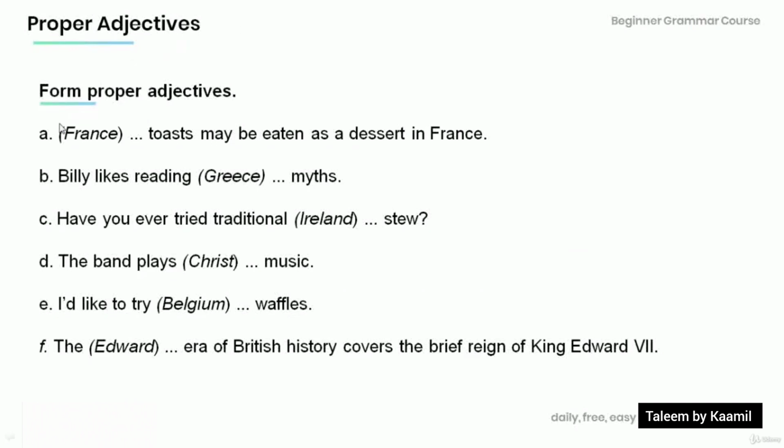Read the following sentences and provide the proper adjective form of the words in the brackets. A. France. Toasts may be eaten as a dessert in France. B. Billy likes reading Greece myth. C. Have you ever tried traditional Ireland stew?